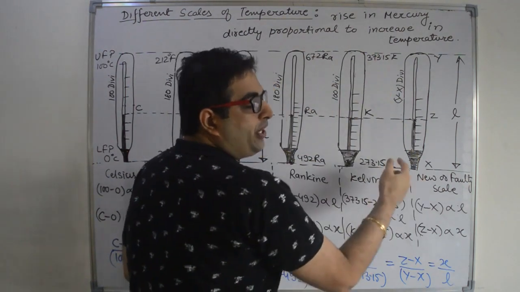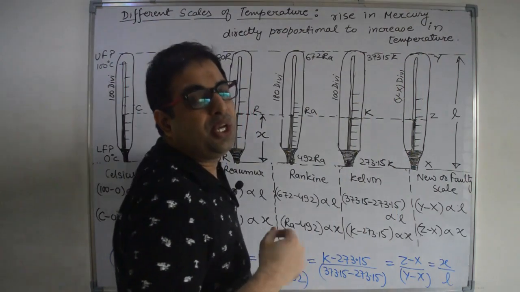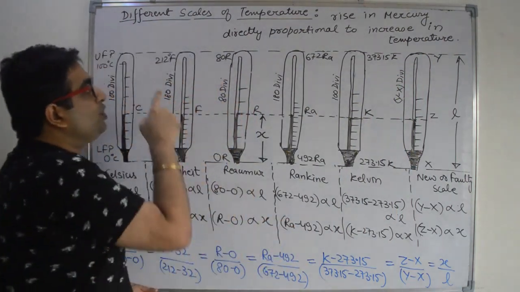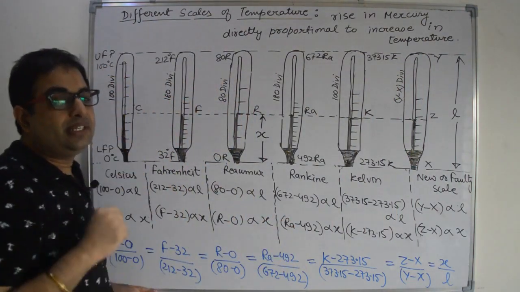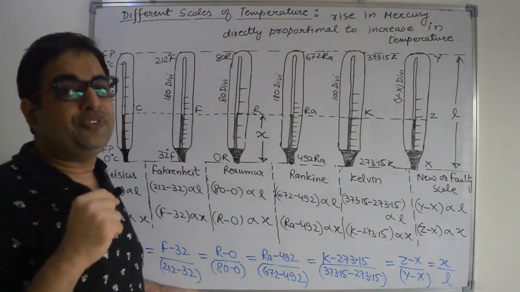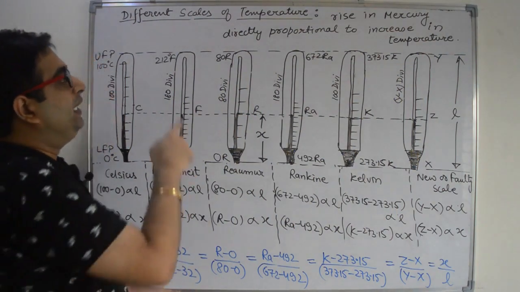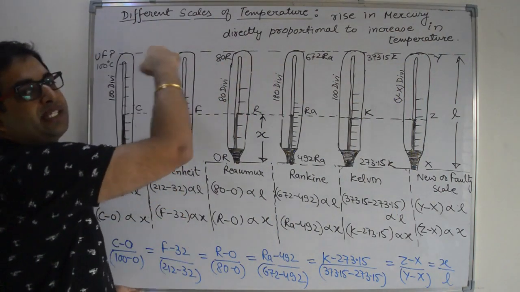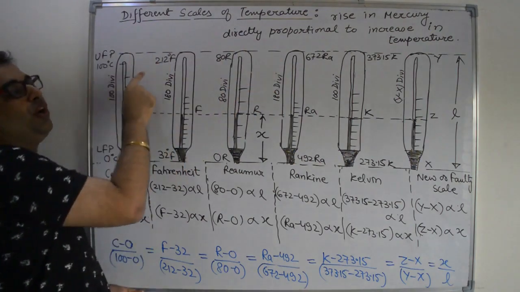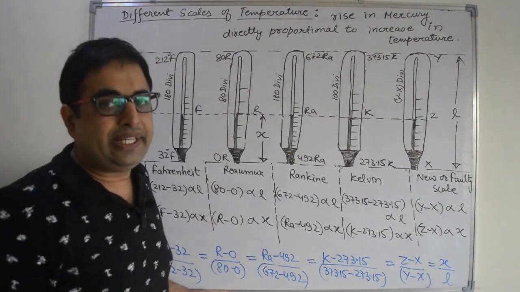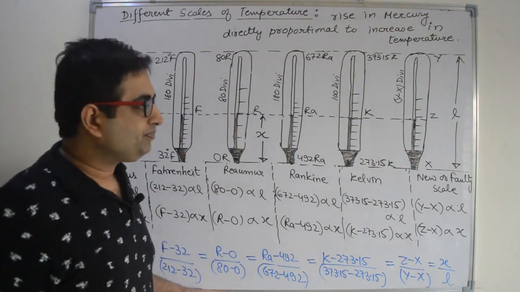Similarly, for a new scale, let us suppose it is Y, right? So the upper fixed point, that is the steam point where water will boil, is the same temperature, but the value of temperature is different in different units.